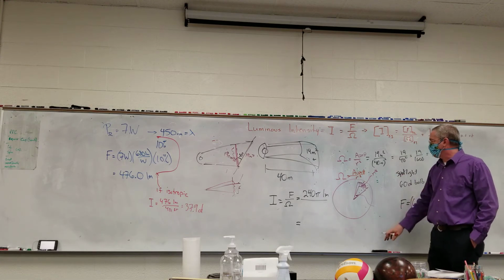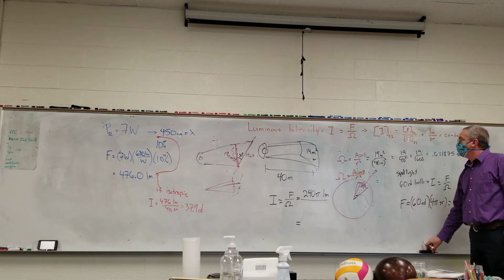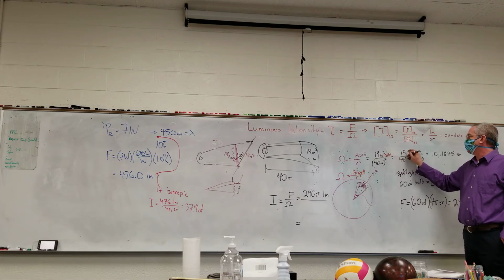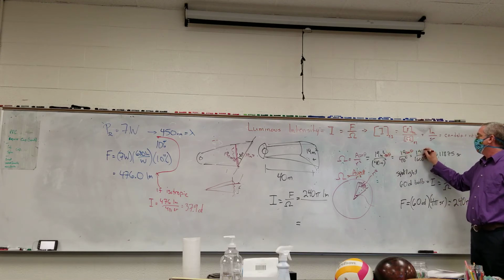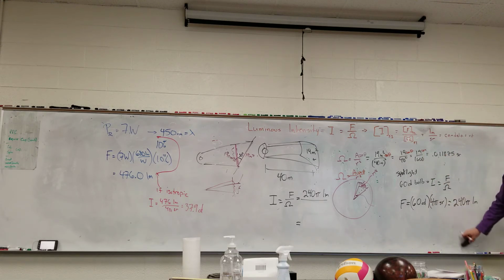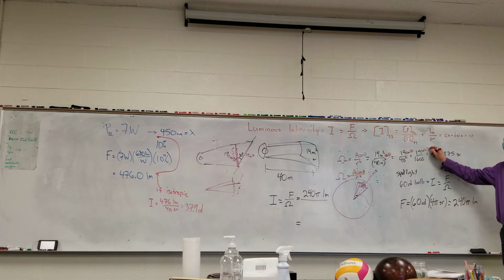So in this particular case, it becomes 19 square meters times the cosine of theta, which is 30 degrees in our particular example. And so now this becomes 0.00 something.